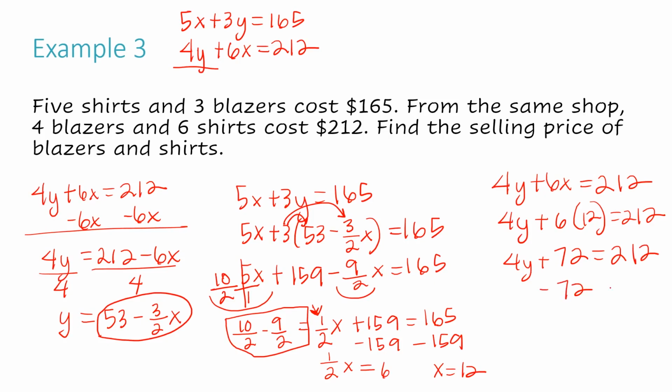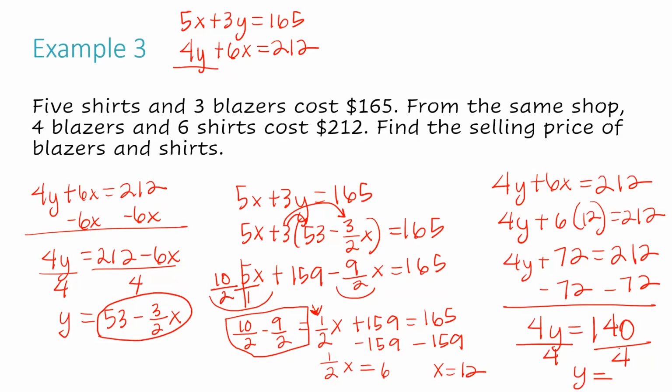Okay, subtract 72, subtract 72. 4y equals 140. Divide by 4, divide by 4. Y equals 35. So my answer here, x equals 12 and y equals 35.